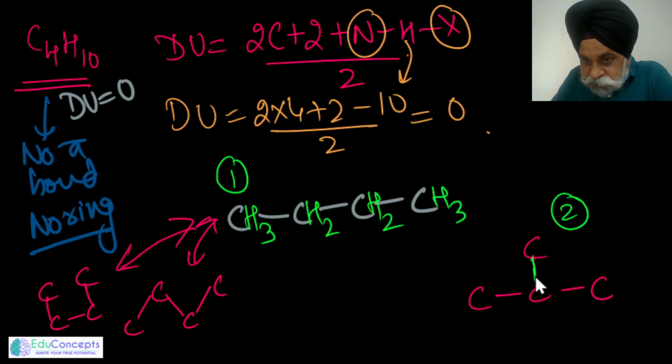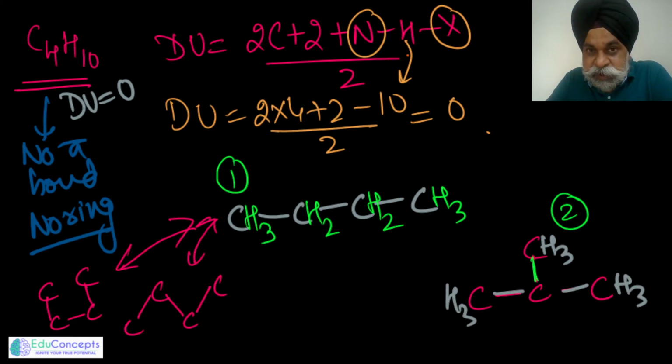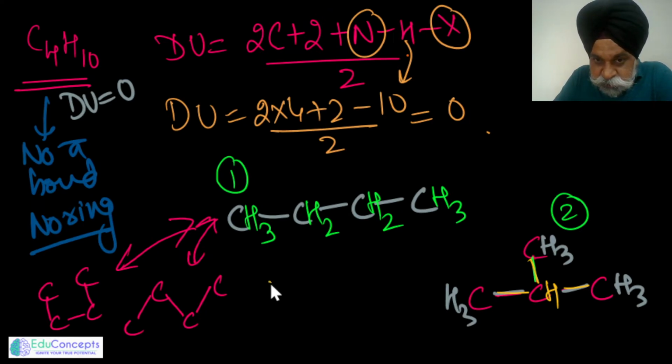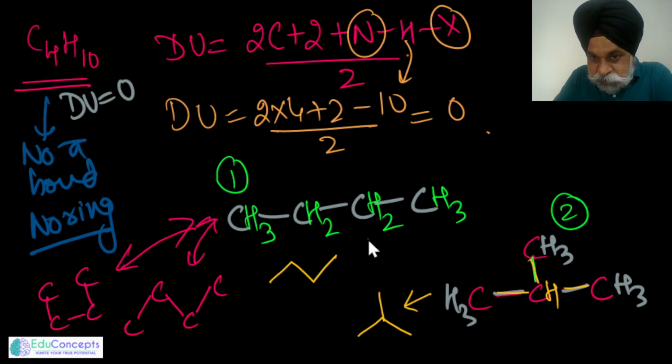In the other one, the end carbon is already joined to 1 carbon, so 3 hydrogens here, and similarly 3 here. The center one, already joined to 3 carbons, gets 1 hydrogen. So again it is 10. So this is this compound and this is this compound.